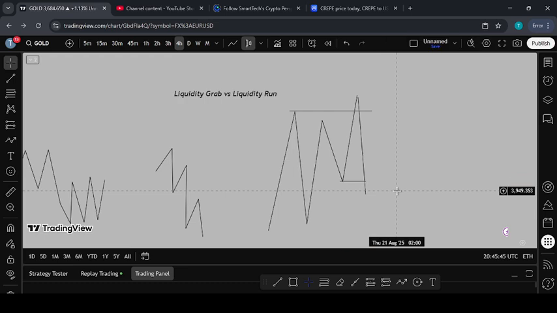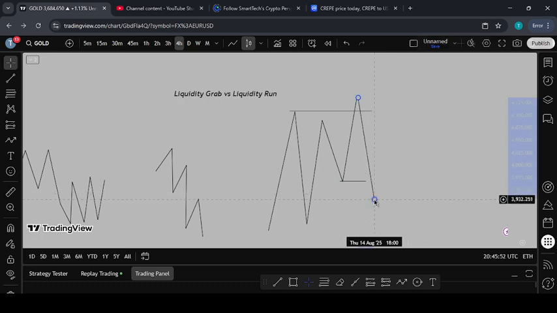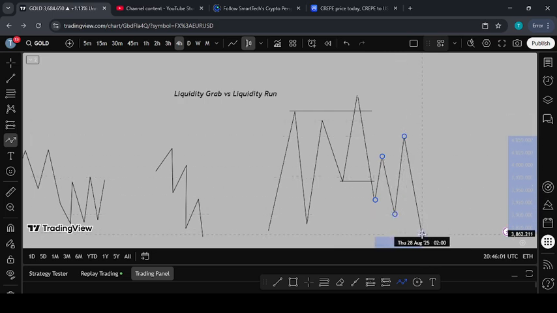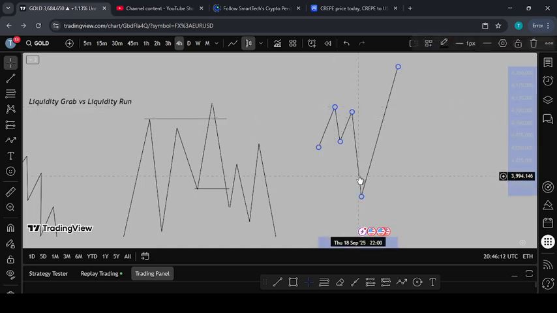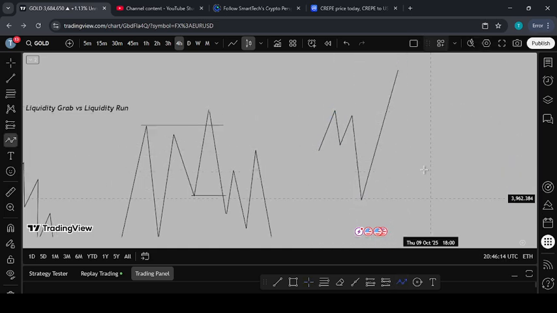The grab or run can happen on any time frame that you are using to analyze. It's just to know how to identify them and which time frame you want to follow. So price can do something like this, a little pullback and continue. Or you can have equal highs here, and price still goes ahead to take that liquidity out, comes back down for a continuation move, and you catch it.